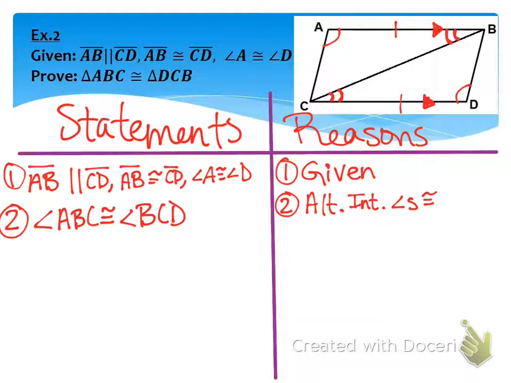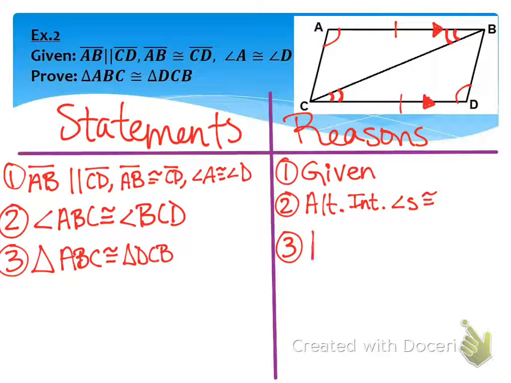So if you were to add in CB congruent to CB at this point with the reflexive property and use side, angle, side, that's fine with me, but that is adding an extra step. We can already say triangle ABC is congruent to triangle DCB using angle, side, angle.